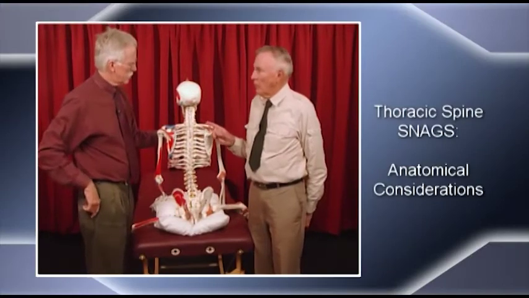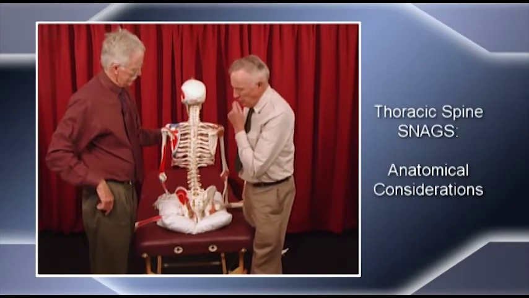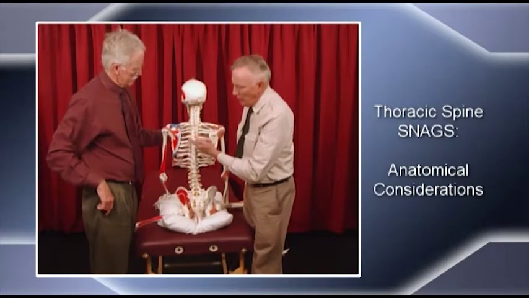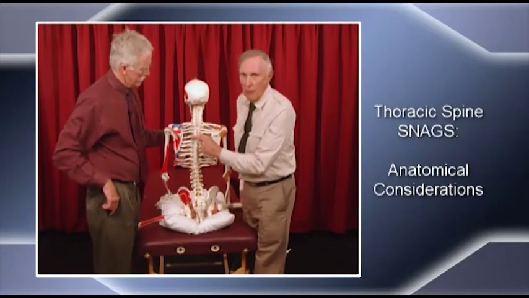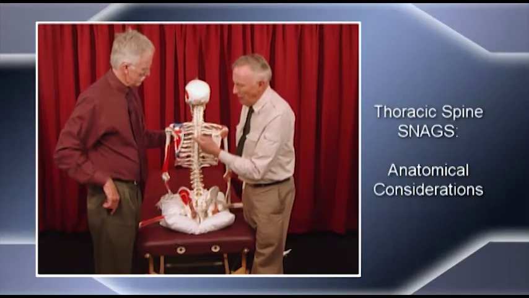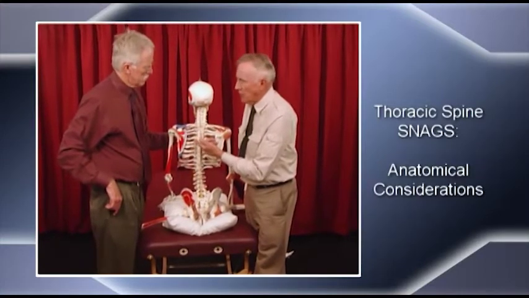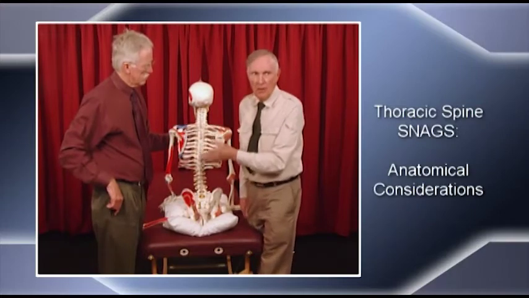Can I make a comment while we've got it here? When you're locating on this transverse process, I believe you're also influencing the articulation of the rib with the spine. And I think this might be why these procedures are successful. My background was in manipulation. I used to manipulate all joints.